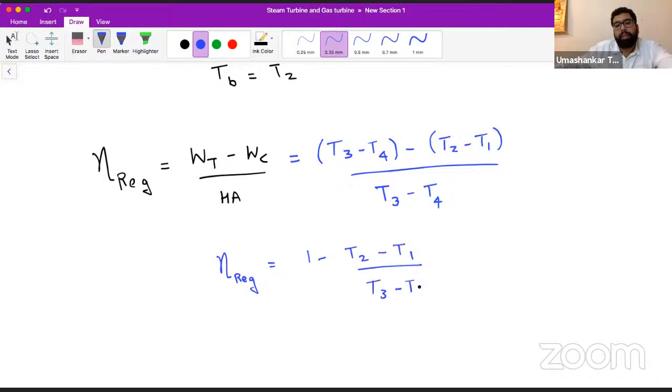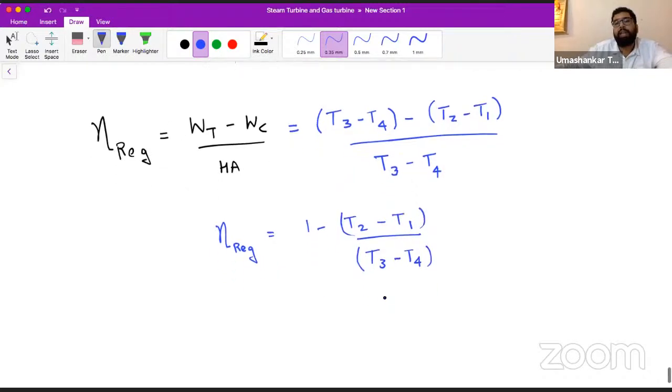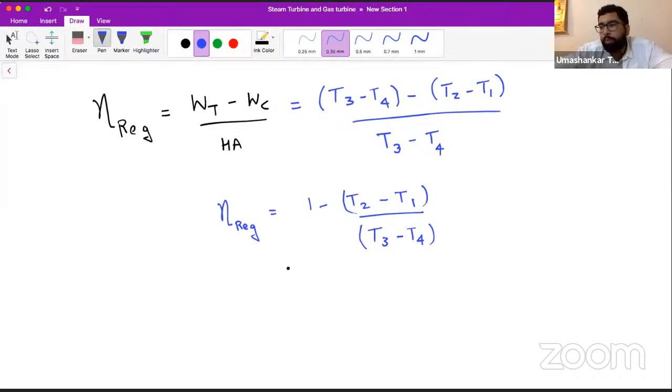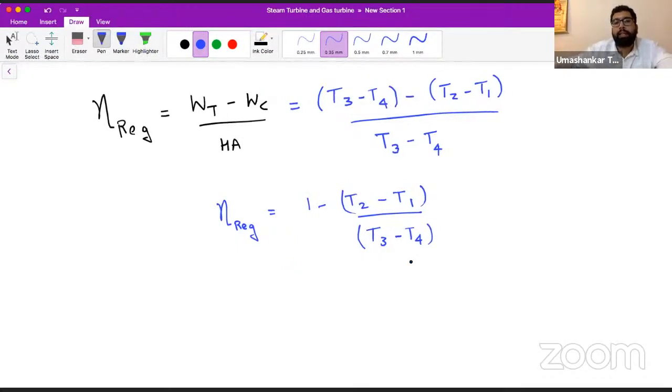So this is not the same efficiency as you have achieved from the ideal Brayton cycle. If you apply this, see, T2 by T1 is Rp to the power gamma minus 1 by gamma, as we are not doing anything with the pressure ratio.